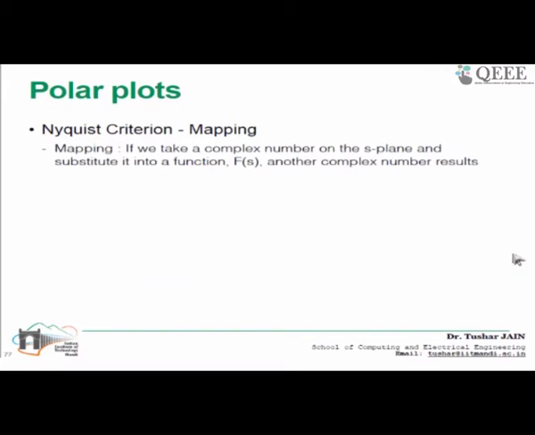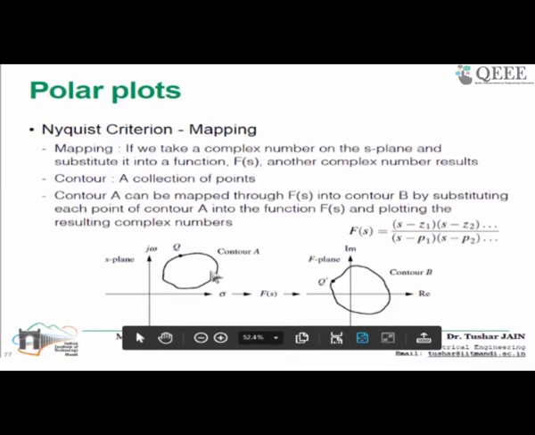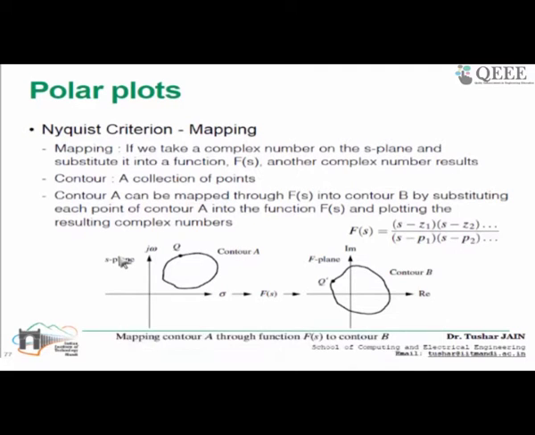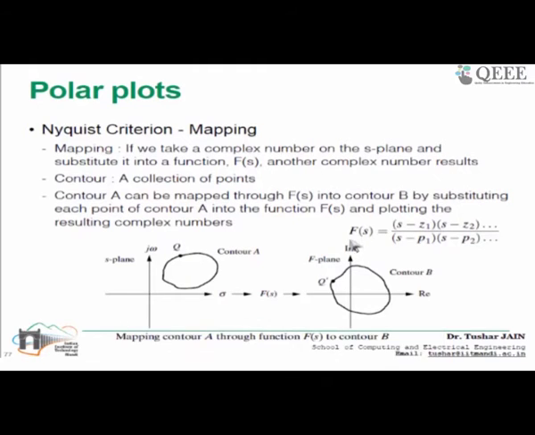If we substitute it into a function F(s), another complex number results, and this collection of points is what we call the contour. So the idea is, in the S plane we generally have the location of poles and zeros of any function. Once I have the pole and zero locations, I make a contour A, which I specify myself.